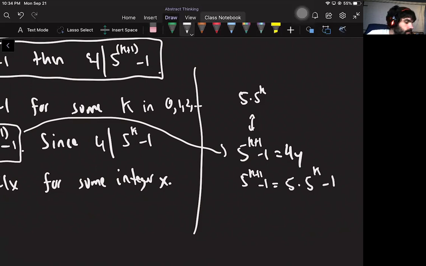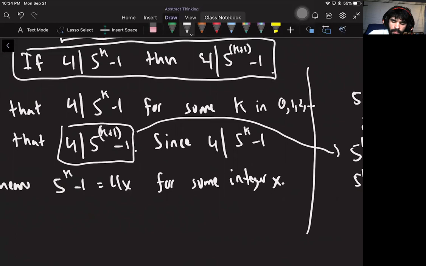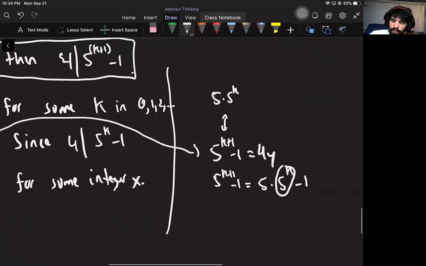What can I do next? Well, I actually can solve for 5^k in this little equation over here, and then plug that back in and go from there.